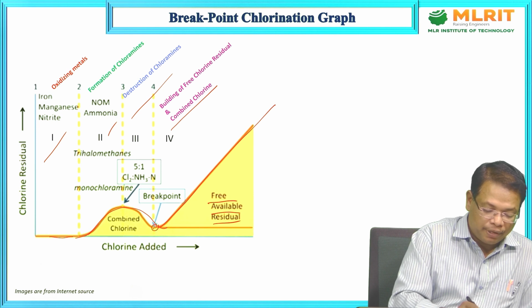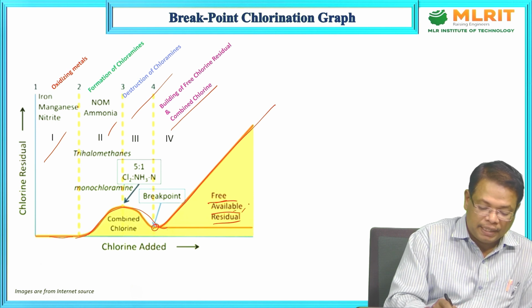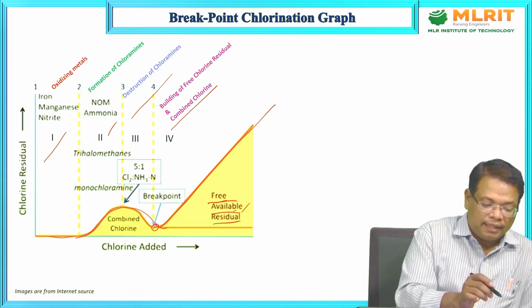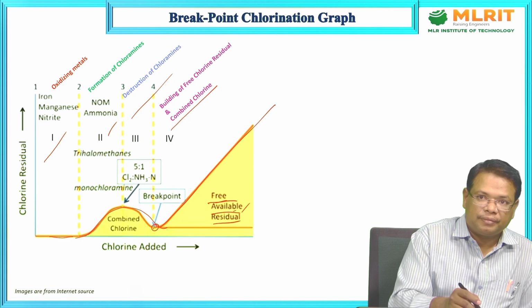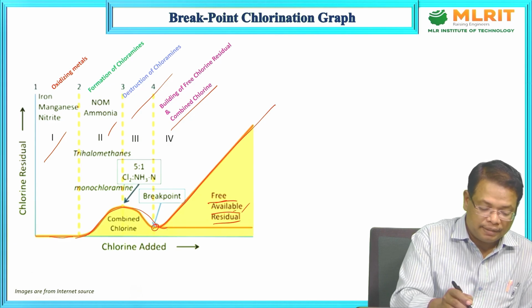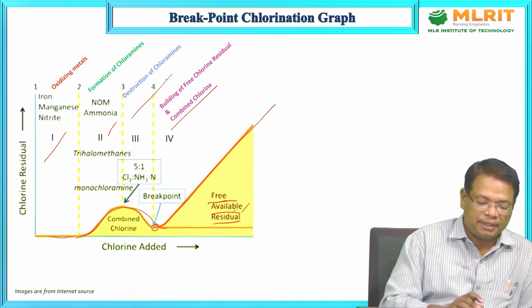At a specific point, we will see the free available residual chlorine. It implies that the inorganic salts have come down in the water, the living organisms have been killed, and the chloramines are destroyed.